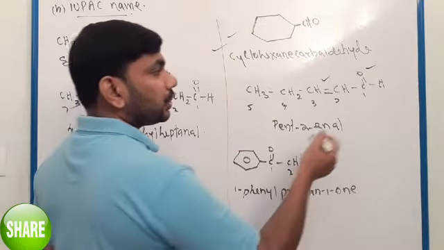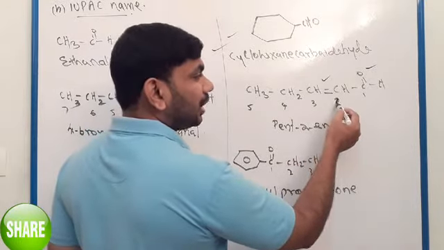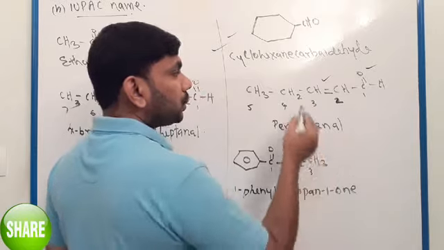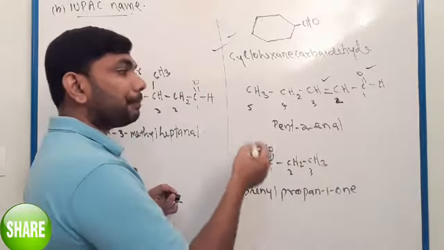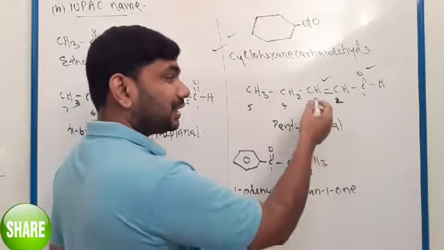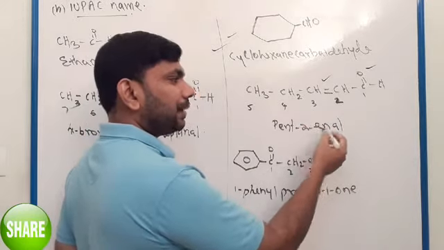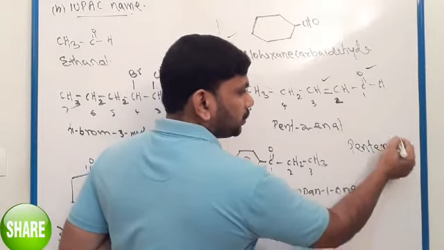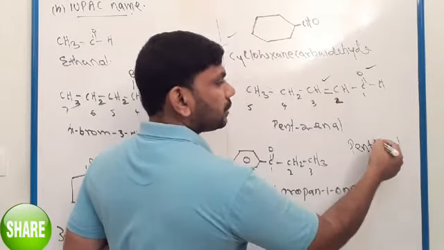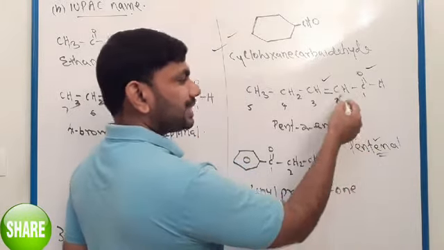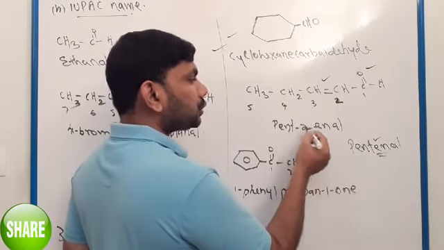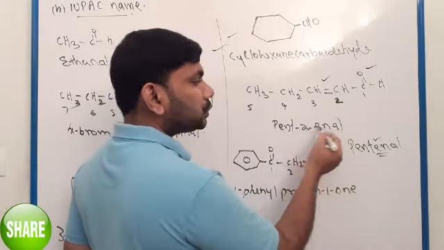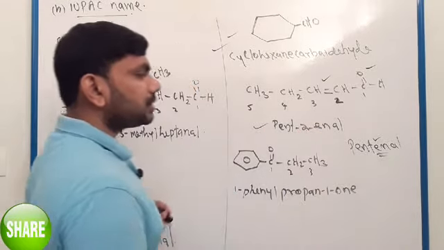Again this is an aldehyde, with 2 functional groups, aldehyde and alkene. The double bond is at the second carbon, with 5 carbons in total, so pentanal, but with a double bond, we mention its position on the second carbon: pent-2-enal. This is the name of this compound.